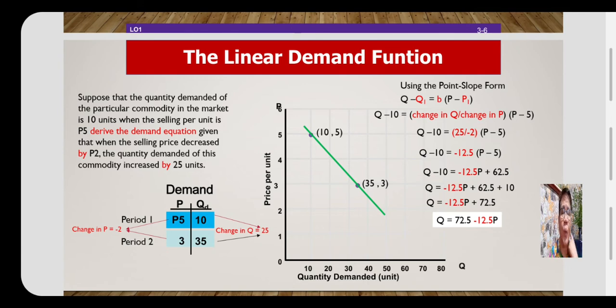But what is different is the use of "by" instead of "to" in a given problem. So please take note of the use of "by" and "to," because it can actually make your given values different.